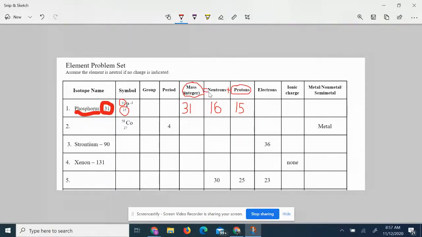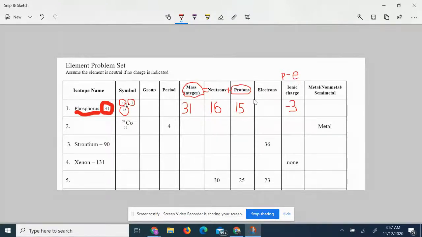Now, when I'm looking at this -3, that's the same as the ionic charge. Ionic charge is protons minus electrons. The reason it's minus is because electrons are a -1 charge and protons are a +1 charge.